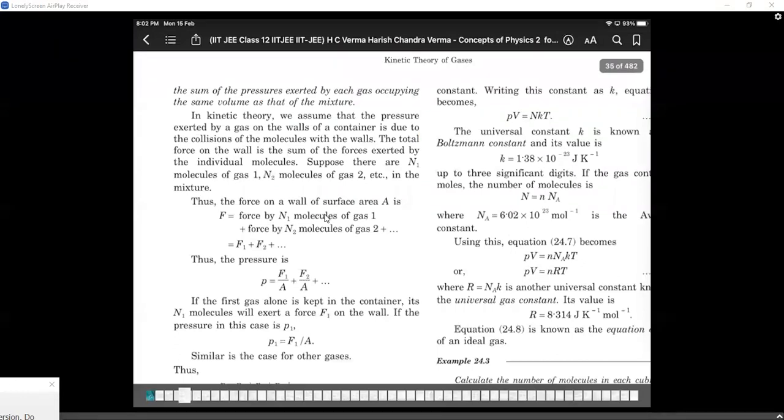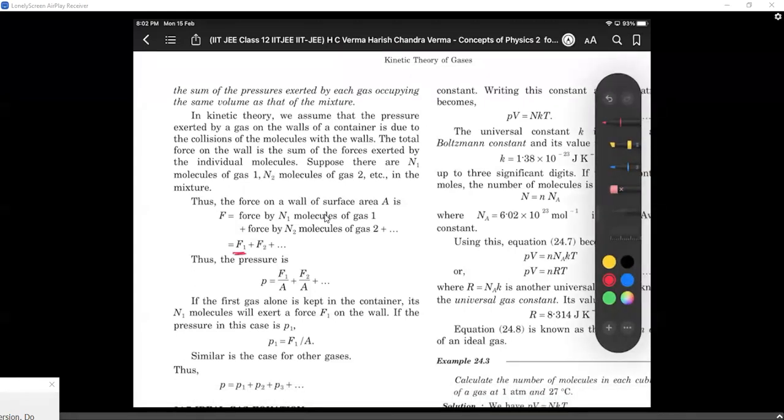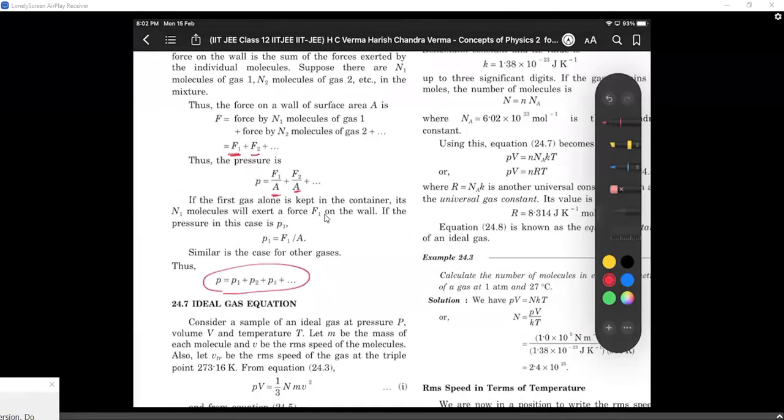If the first gas has this many molecules, it is imparting this much force on the walls, different forces by area. The total pressure is a combination of all the other pressures. You might face one or two questions like this. I think I've seen one or two in worked out problems where they have a mixture of gases, give the individual pressures, and ask for the total pressure. So you simply have to find the summation.